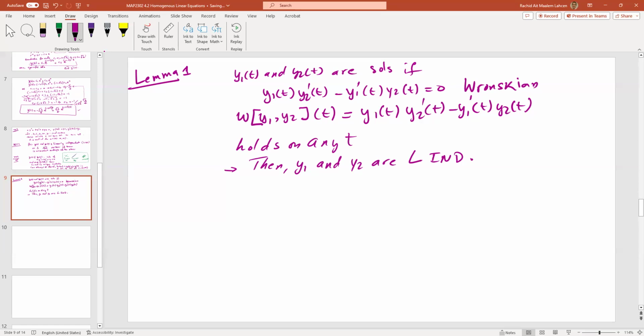It's really useful to know that if you have this Wronskian, and you can set it up as a matrix, which we will talk about later, then we get this.